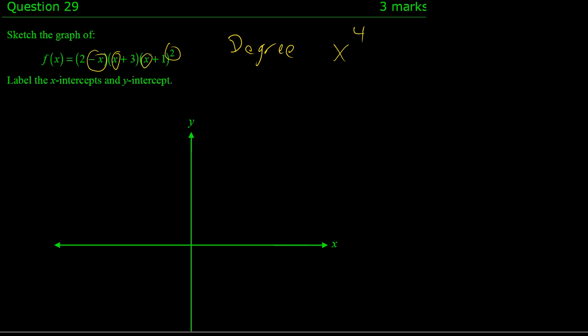Now, that tells me I either have a W shape or an M shape. To figure out what the leading coefficient is, that's the coefficient on the x to the 4, and that's quite simple. We just have a minus x times an x times your x squared.